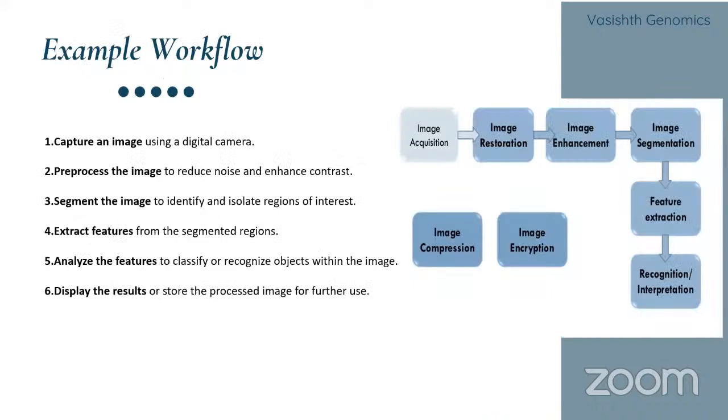So examples like image acquisition, restoration, image enhancement, segmentation, and then feature extraction and recognition. And also you can use image compression, image encryption. So many things you can do.